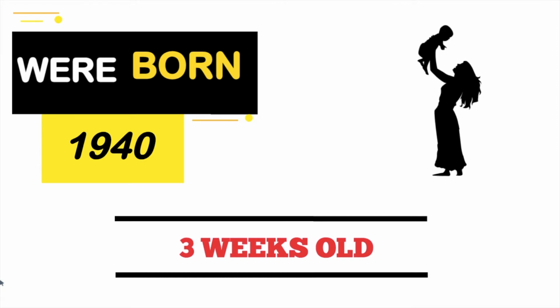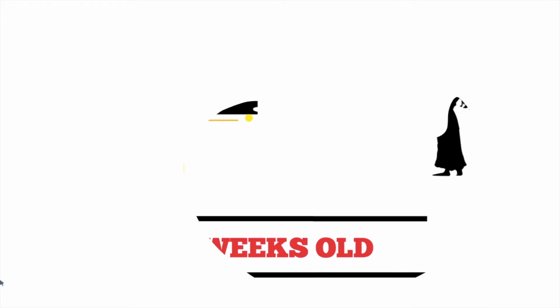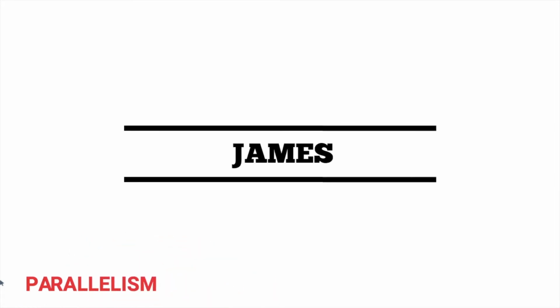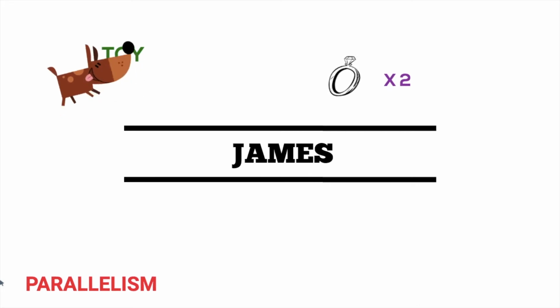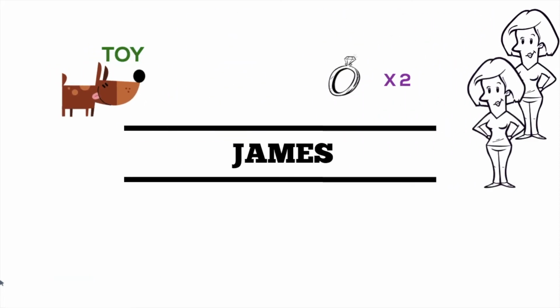From the beginning, their lives have a very weird and extreme parallelism. They were both named James by their adoptive parents, who didn't know each other. They both had a dog that they named Toy, and both of them married twice. The first wife was called Linda, and the second wife was called Betty.